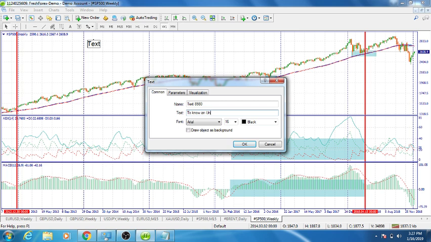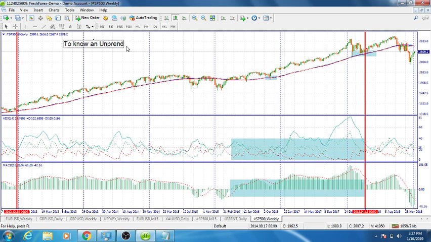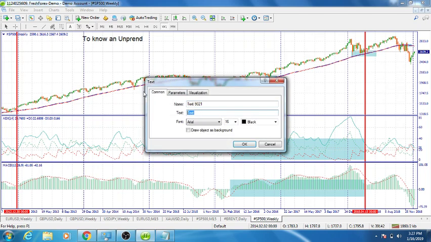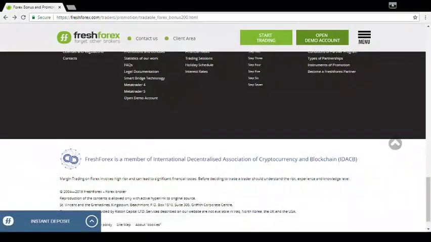To know an uptrend, we use two items: ADX, D plus should be above the D minus.